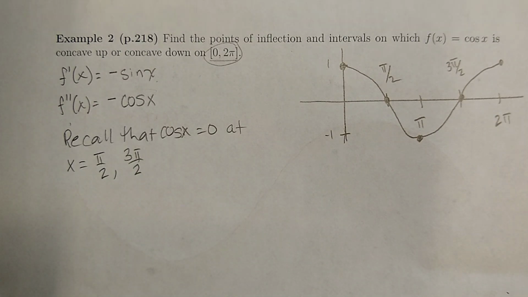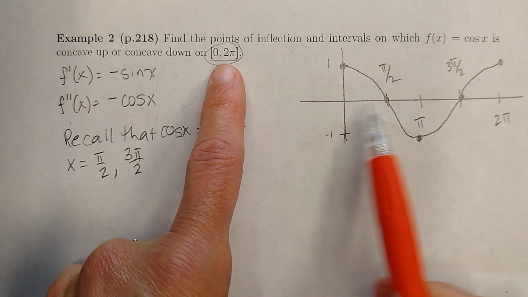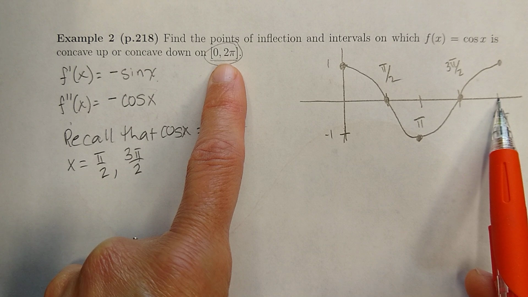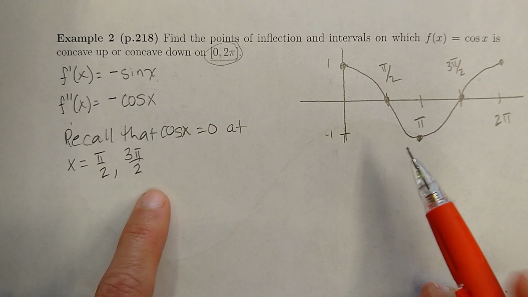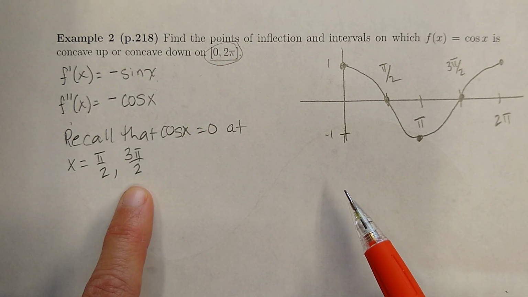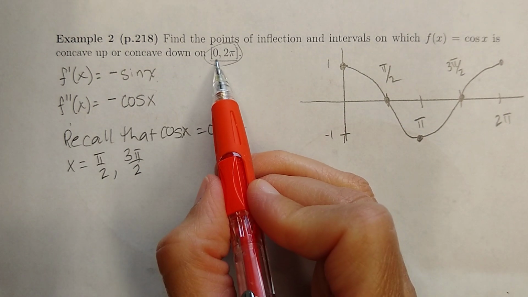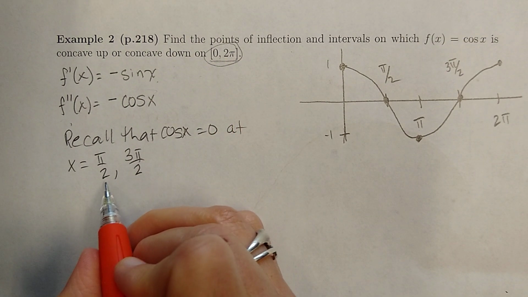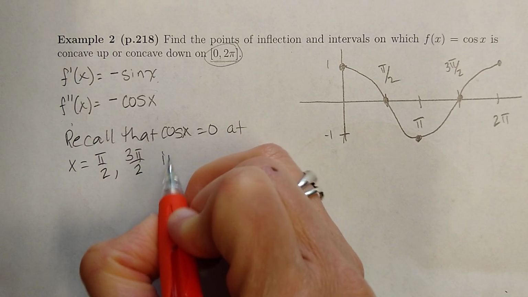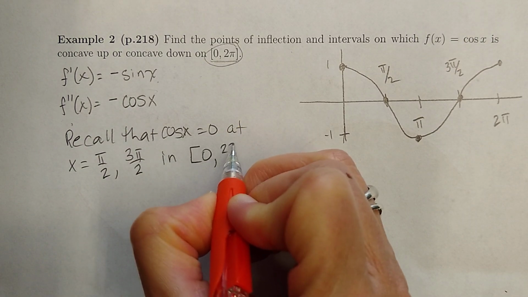And if we were interested in figuring this problem out for the whole real line and not just for the interval from 0 to 2 pi, it'd be at all odd multiples of pi over 2. We're just interested in the interval from 0 to 2 pi, so these are the only two in the interval from 0 to 2 pi.